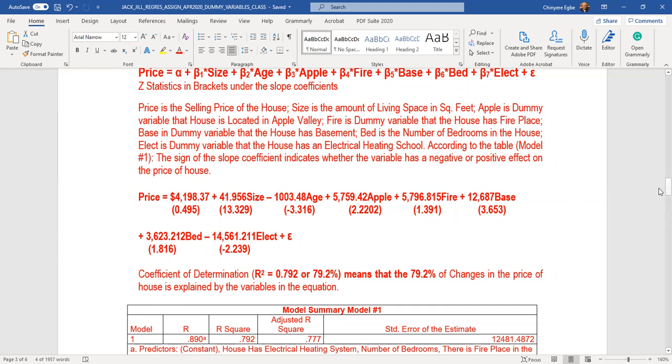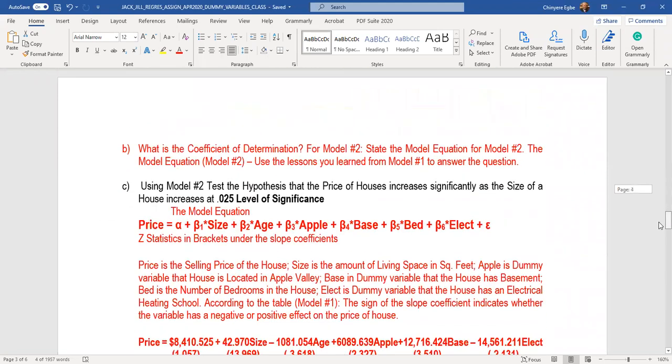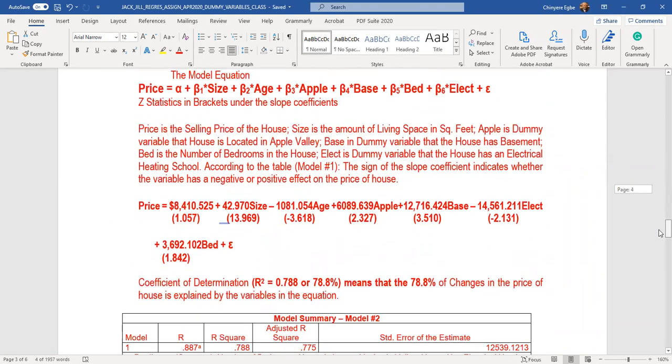All right, sir. Okay. Yeah, you look at the model, you see that where you see Apple, if the question is about a house located in Eastville, then when you see the Apple, you just put a 0 there. That's what it means. You get the point now? Yes. Okay.